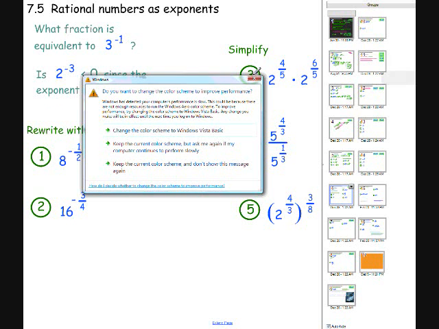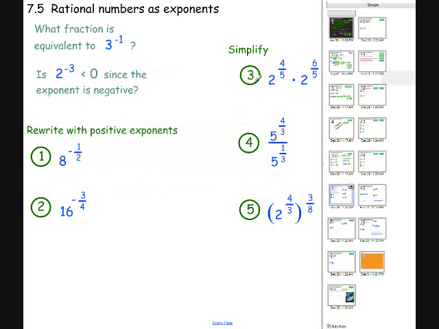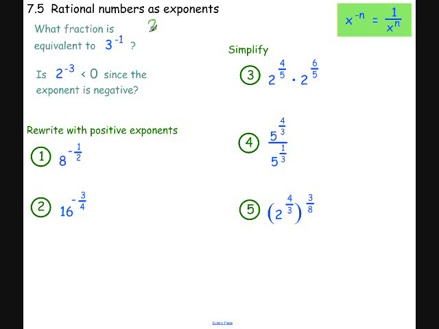What fraction is equivalent to 3 to the negative 1? Remember what we have to do with this? 3 to the negative 1. We think of it as a rational number. The only way to change a negative exponent to a positive is to move it to the other side of the fraction.